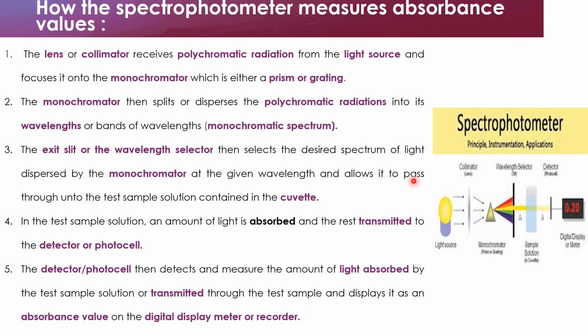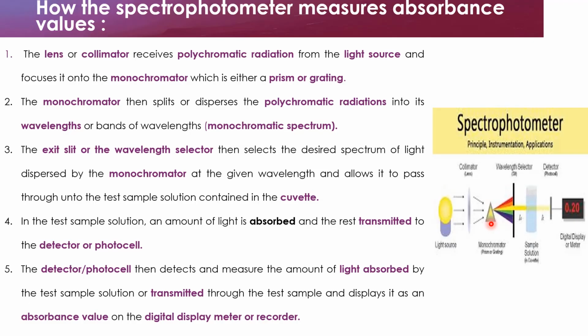So let's see how the spectrophotometer measures absorbance values. First of all, the lens receives polychromatic radiation from the light source and focuses it onto the monochromator, which is made of a prism or grating.